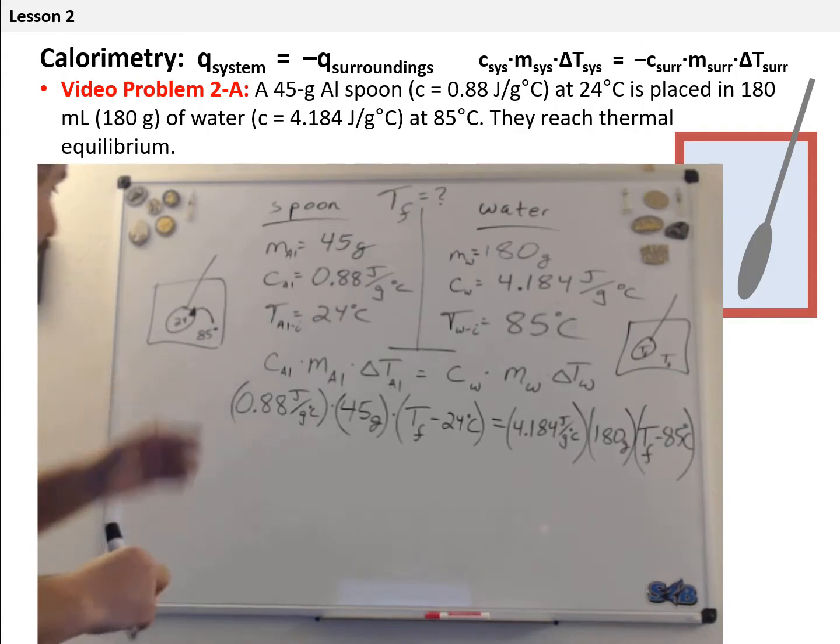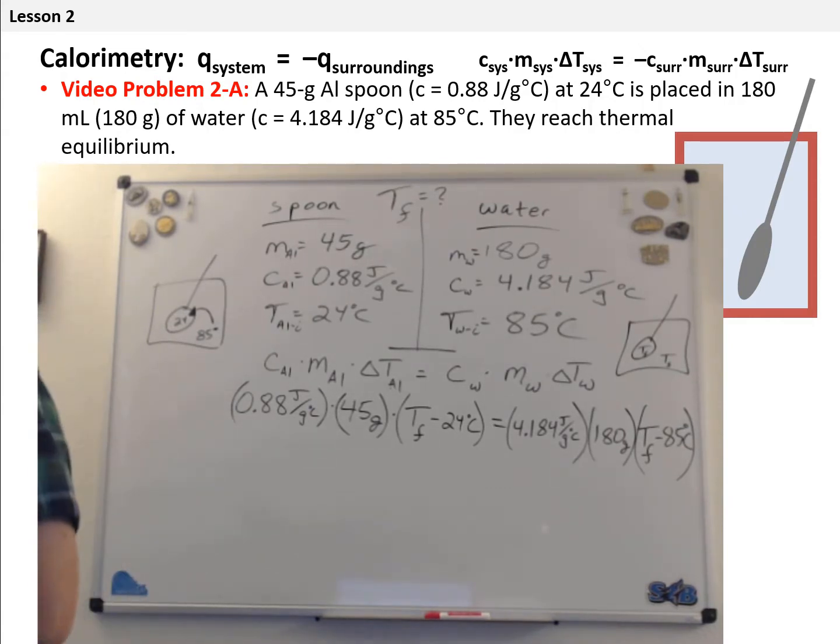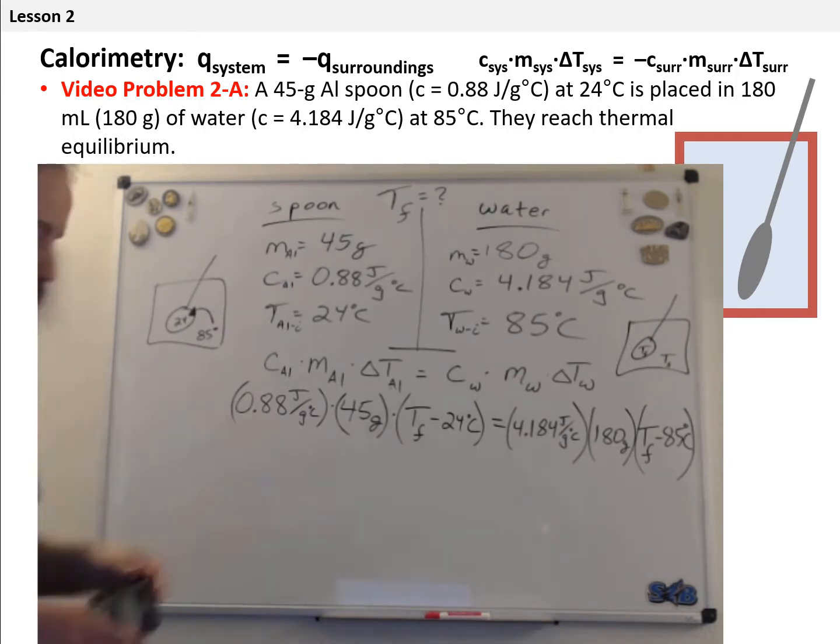All right, so first thing I'm going to do is multiply these two together.